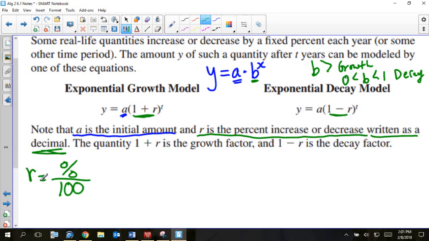If you do not change R into percent over 100, you will get this wrong. And then finally, T is the time.